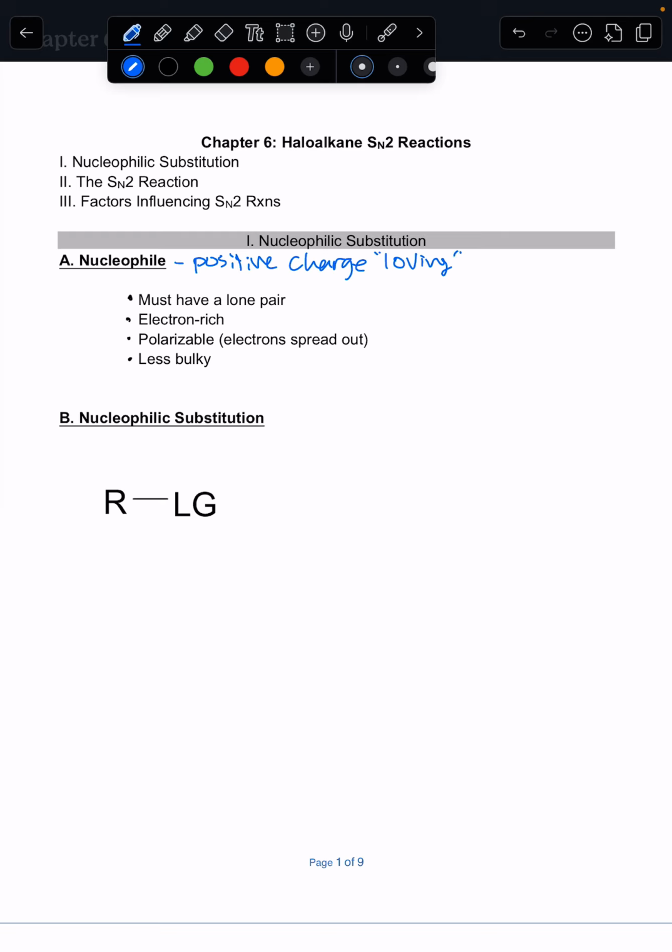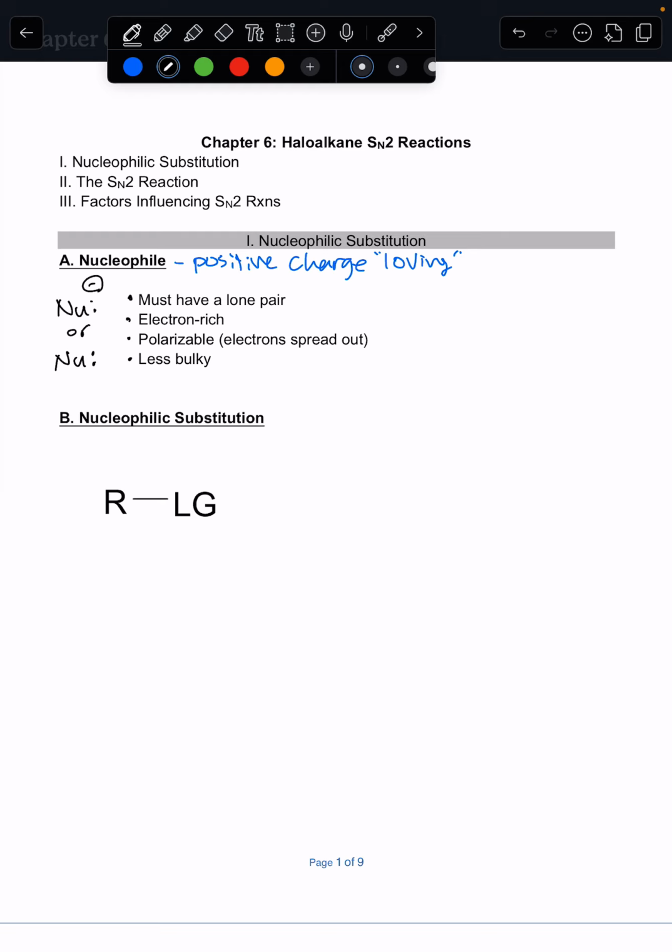So that means nucleophiles themselves are usually negatively charged, or at least electron rich. Nucleophiles might come in this generic form with a negative charge, but even if it's not negatively charged, the nucleophile must have a lone pair.